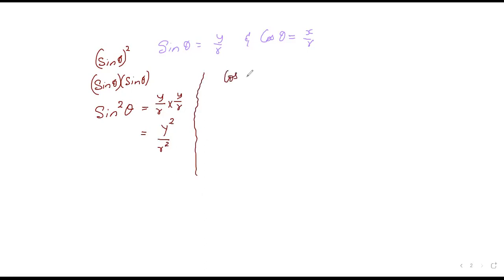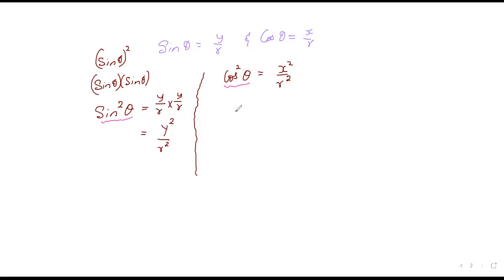And the cos of theta squared will be x squared likewise over r squared. Let's look at the sum of this square to that.